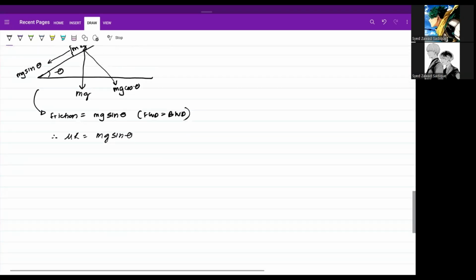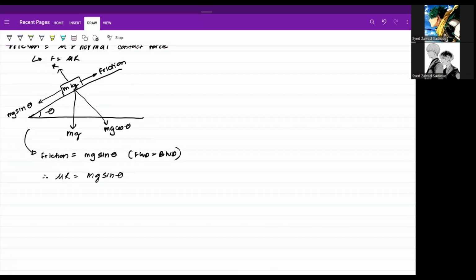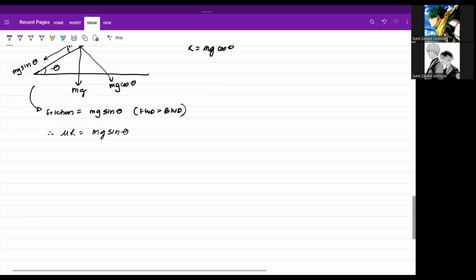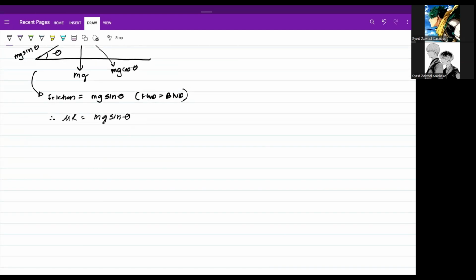Now, can anyone tell me what R is? From chapter 3, we know that R is mg cos theta. Make sense? So keeping mu as it is, mu mg cos theta is equal to mg sine theta.